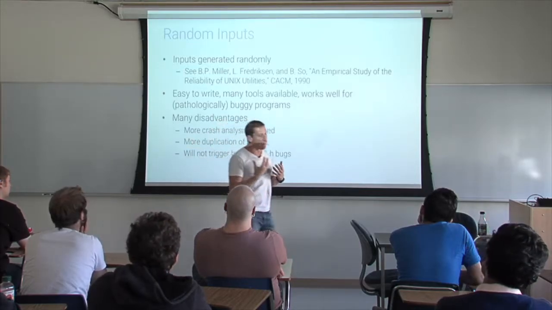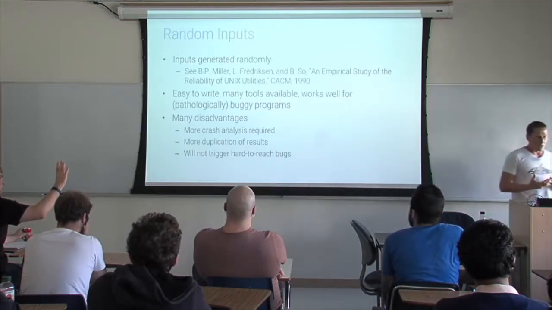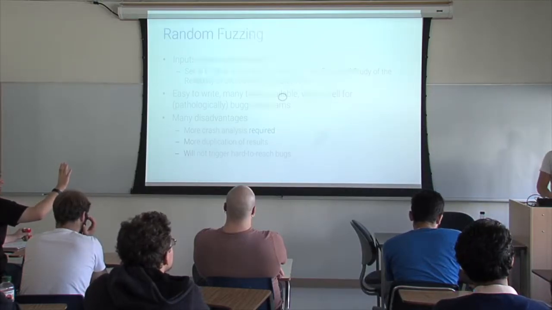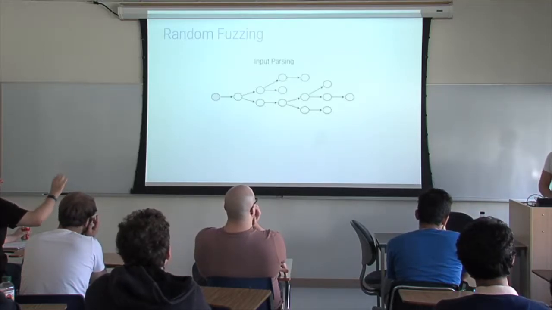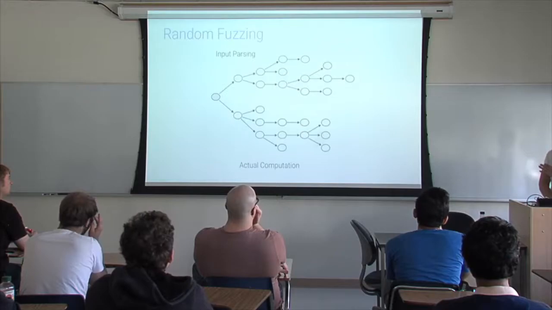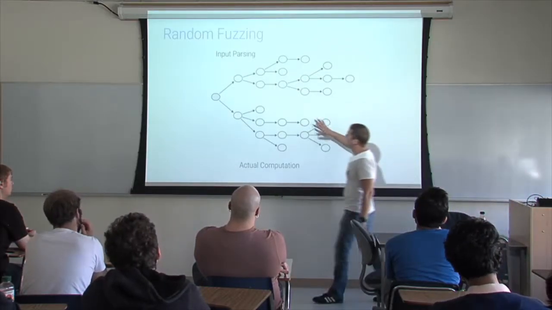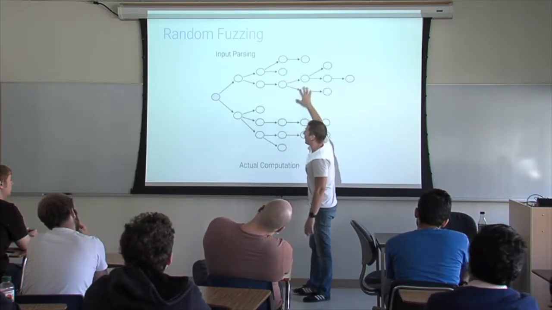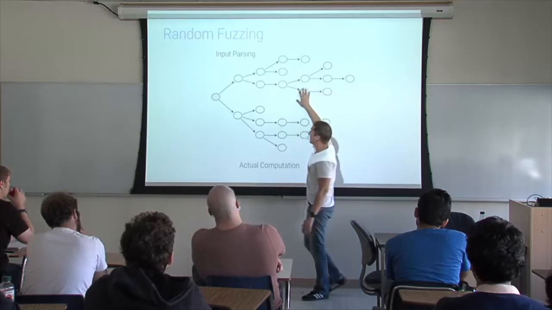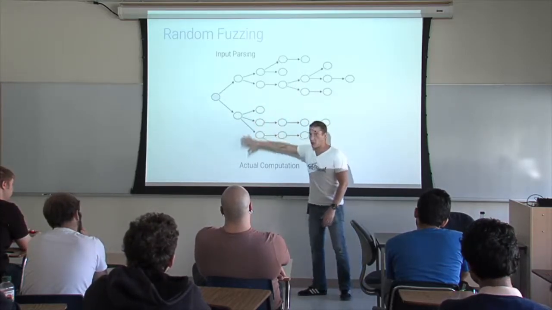And so if you find a bug, maybe it's in the input parsing, but you don't get to the deep part. So if you start here, this is your input parsing routine, and this is the actual computation. There are parts of the code here that will be used during random fuzzing, but once the data has been parsed, this is where the actual computation happens.